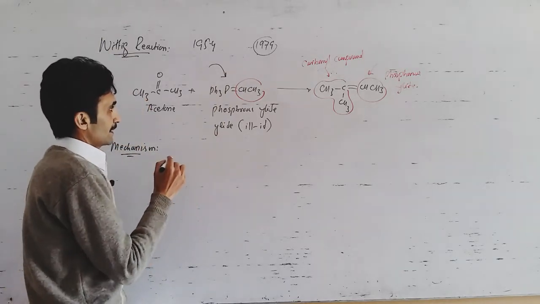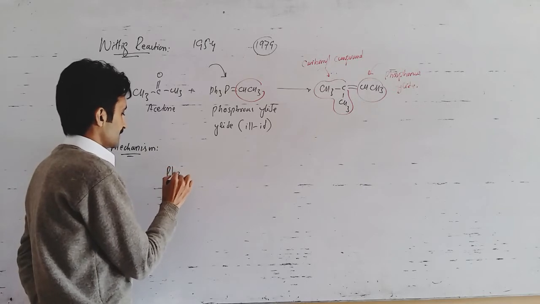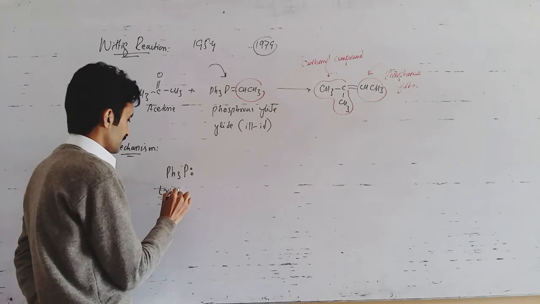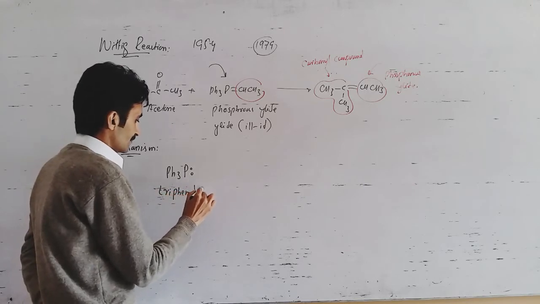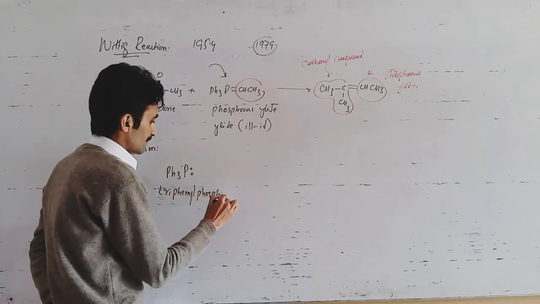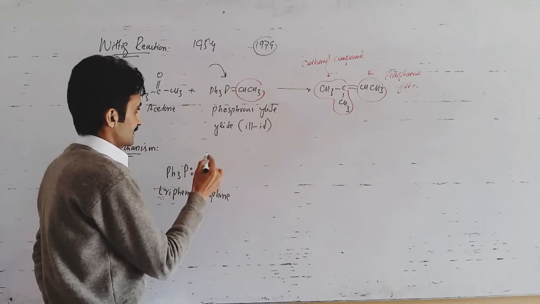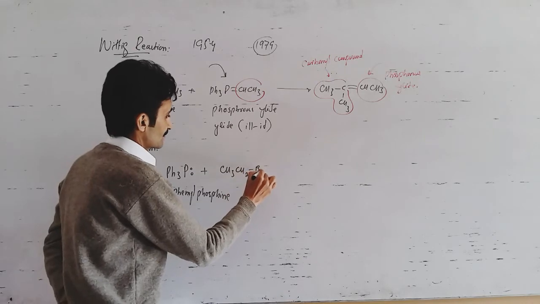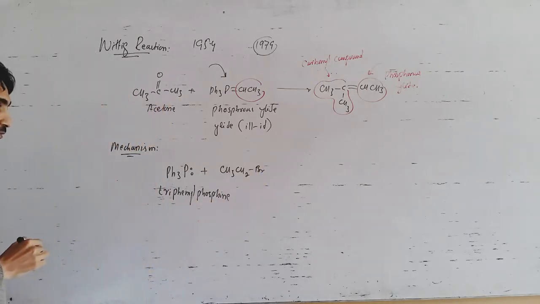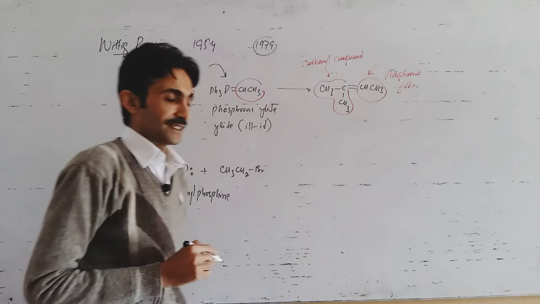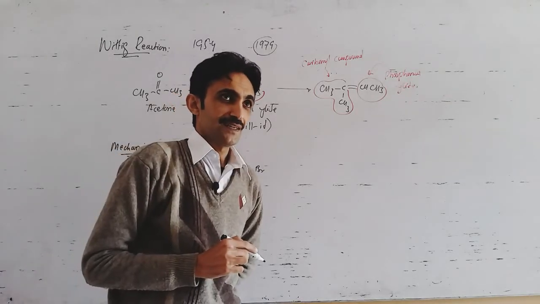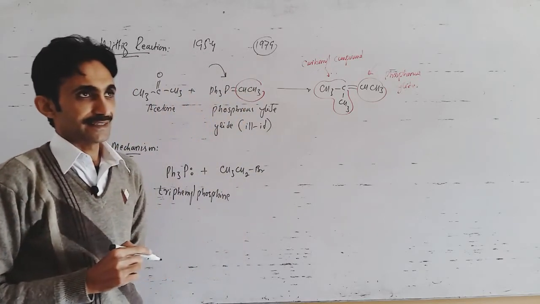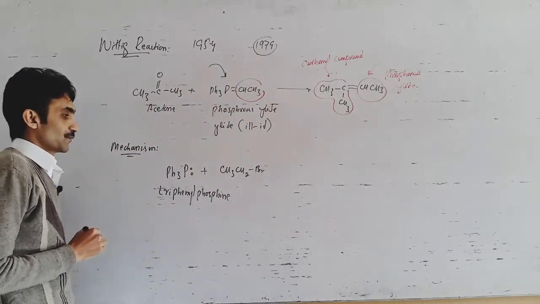It is synthesized by reacting triphenylphosphine with an alkyl halide such as ethyl bromide. The alkyl halide must be primary because if we make it bulky, such as secondary or tertiary, then the reaction will be hindered.